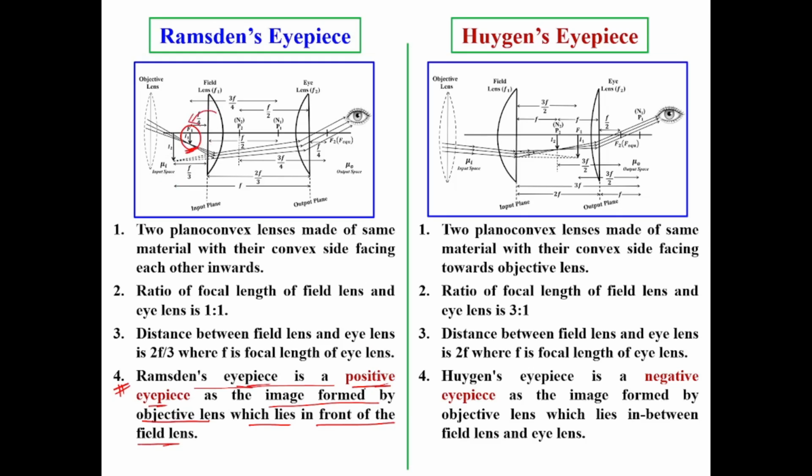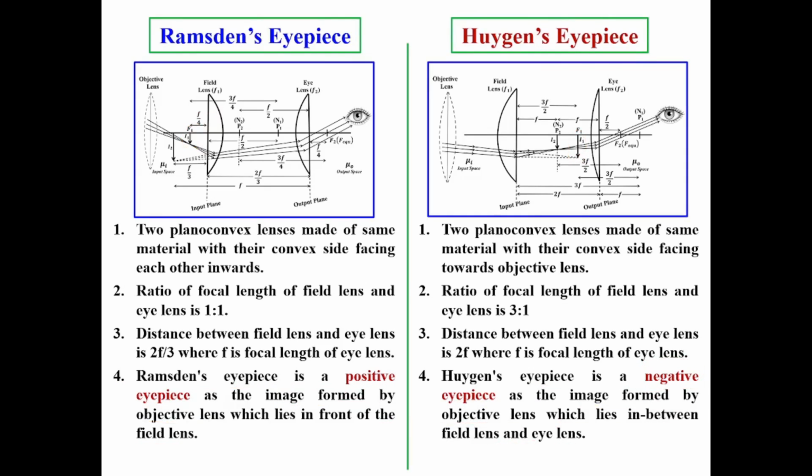Only for that it is called the positive eyepiece. But the Huygens eyepiece is called the negative eyepiece, because the image formed by the objective, this is I1, lies in between the field lens and eye lens. So only for that it is called a negative eyepiece.